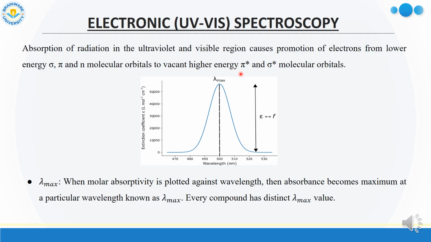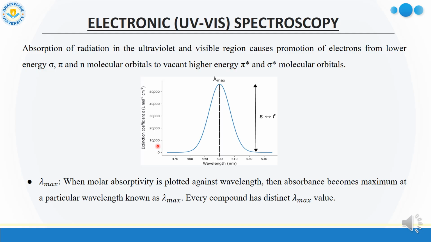Antibonding molecular orbitals means pi star orbital, sigma star orbital, as you already know, because the star means antibonding orbital. So the electrons absorb energy and they will move from lower energy bonding orbitals to higher energy antibonding orbitals.